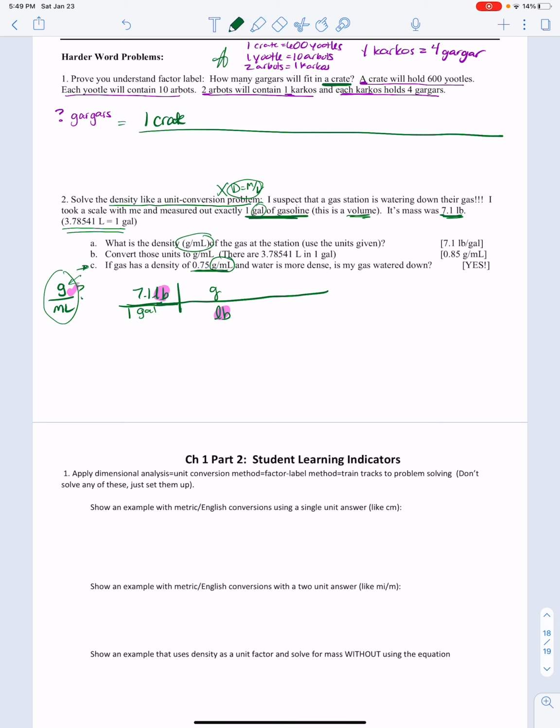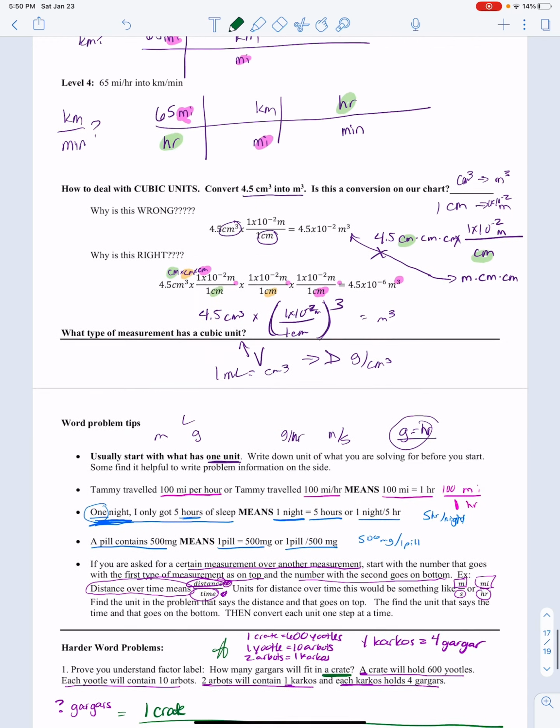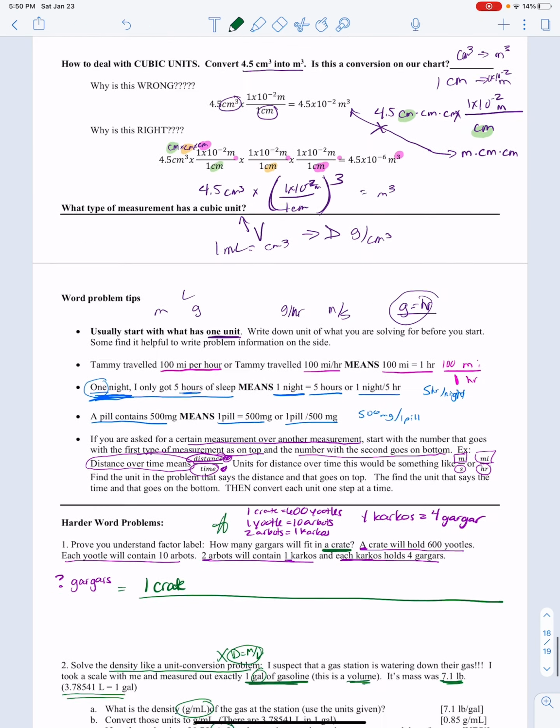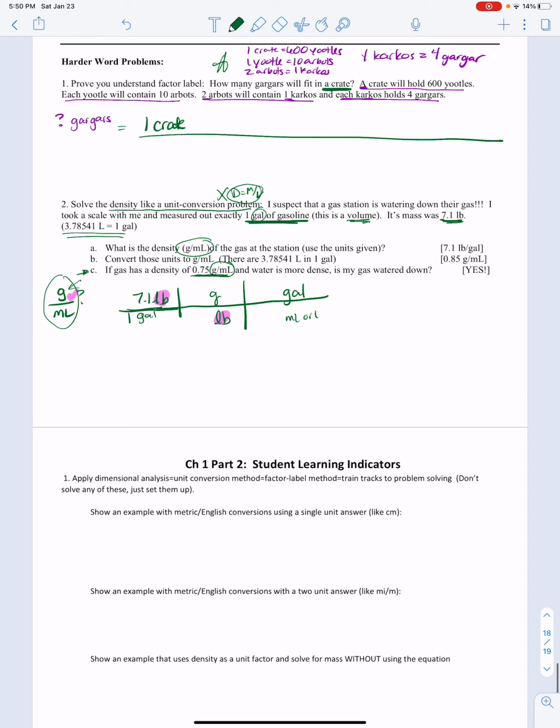Now I got to get my bottom part figured out. Again, pretend that this isn't there. Imagine it's not there. So I'm going to go from gallons on top to either milliliters or liters. So I might go up and look again. Does a gallon go to a milliliter or a liter? Let's see. Oh, here we go. It's a liter. So I'm going to get it up to a liter.